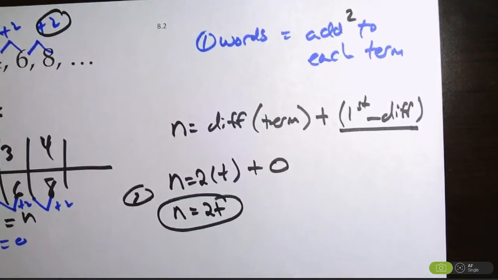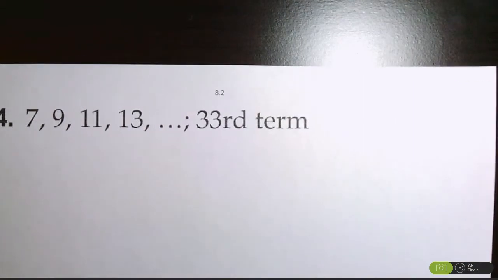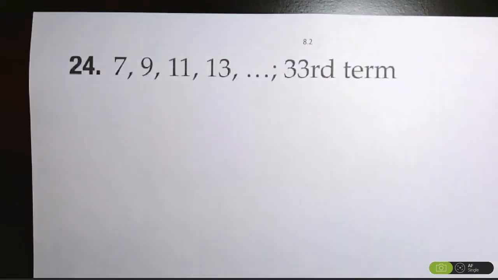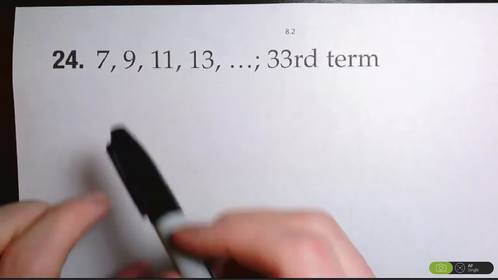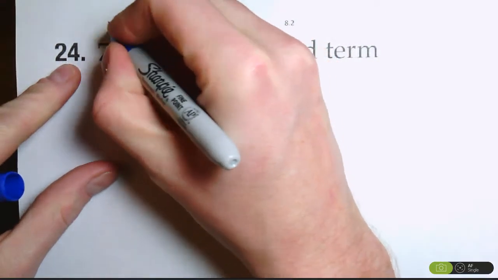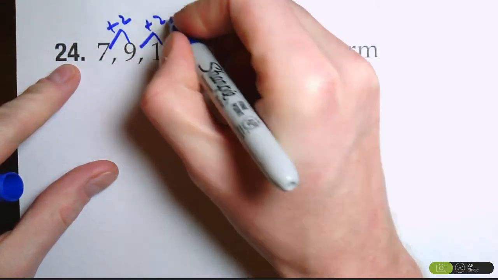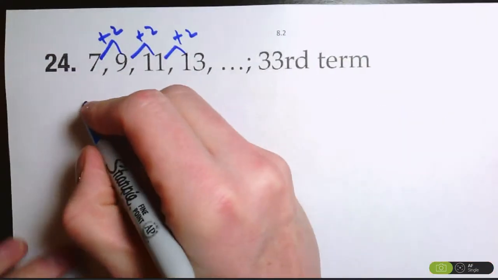Okay, now number 24 is the next one I want to go through. It's the exact same thing, except this time I'm not going to describe it in words, although it doesn't hurt to do that. In fact, it's odd, I didn't realize this until now, I'm doing the same thing as the previous one. I'm adding 2 each time. Okay, so that's the difference.